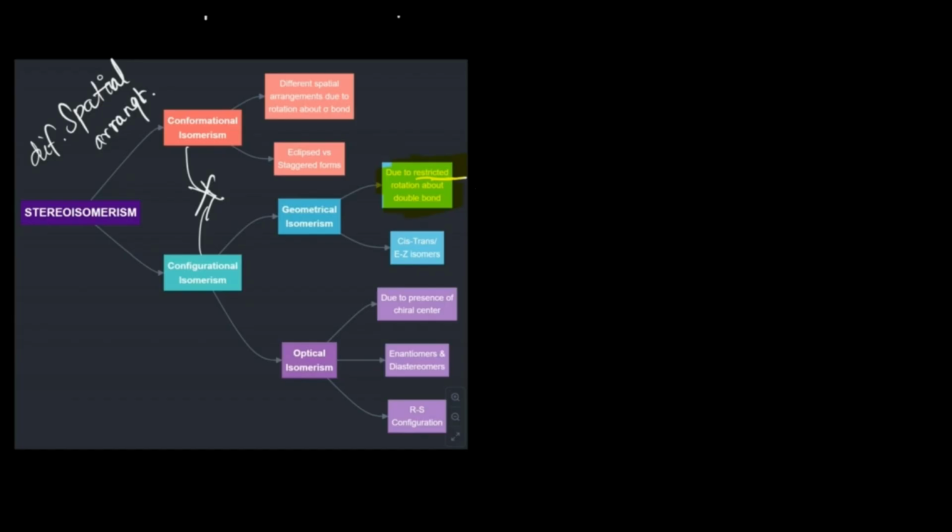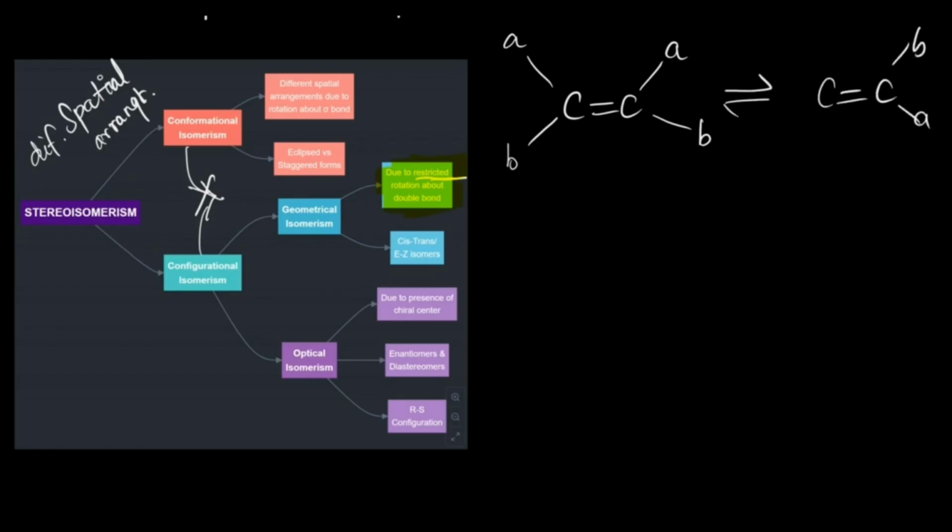Let's have some examples of geometrical isomerism so that you will be very clear. For example, if I take C=C, with A and B on this side, and A and B on this side. Can I rotate it in this way to form B, A, A, B? Guys, please be aware, I'm not talking about rotating the entire molecule, just rotating one side.